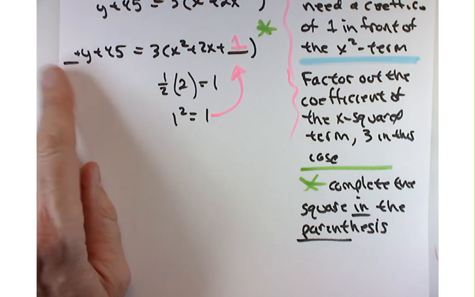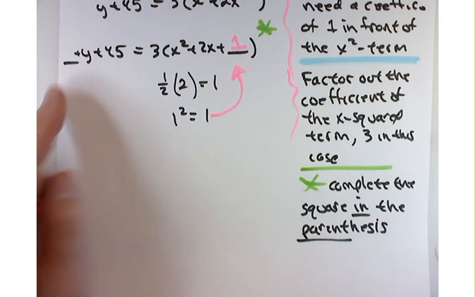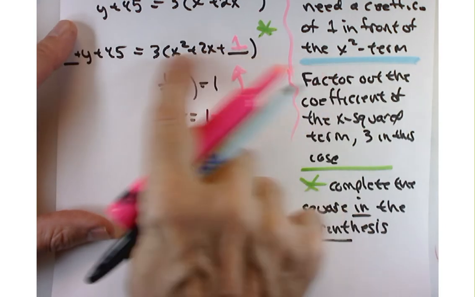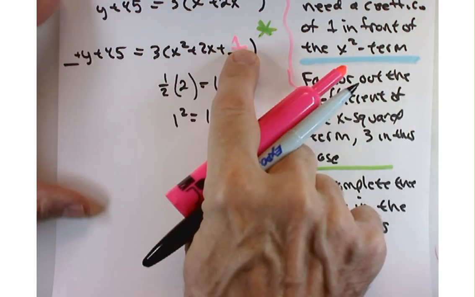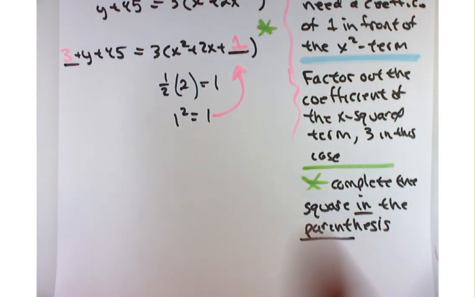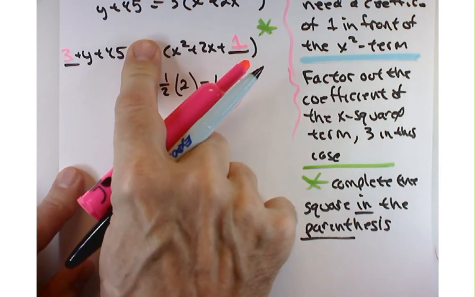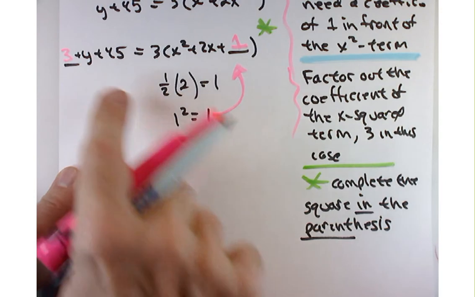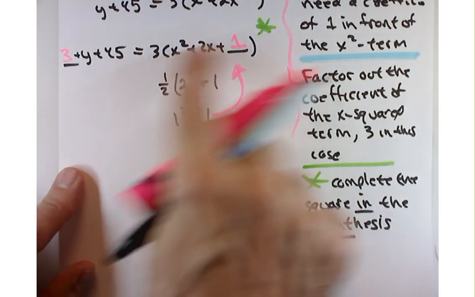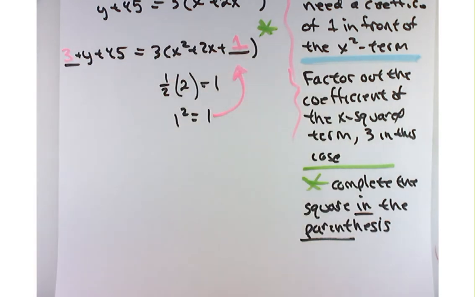What goes over here? Well, if I put a 1 here, then I'm really adding 3 times 1 to the right-hand side. So I should add 3 to the left-hand side to keep them in balance. You see how that works? It's a little trickier than a lot of the problems where you have a coefficient of 1 to start with. Here, because there's a number out in front, you've got to multiply that times whatever you put here, and that's what gets added to the other side.